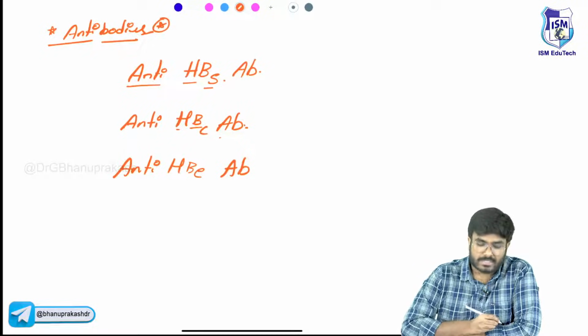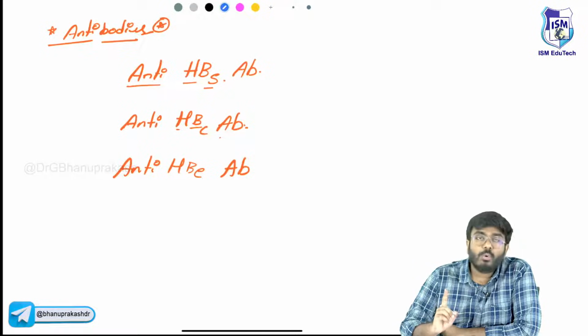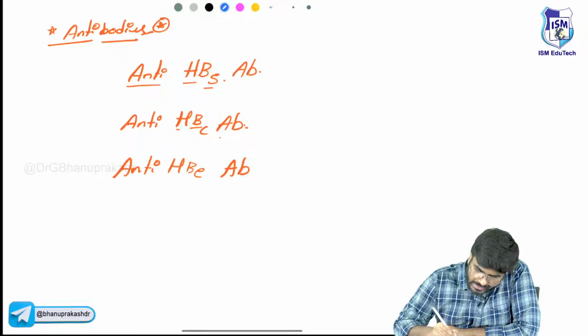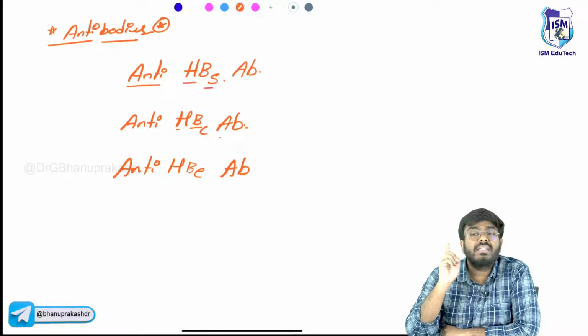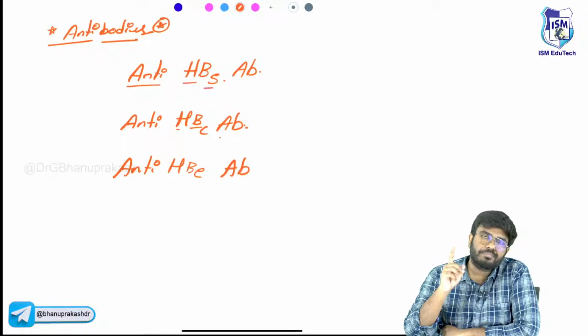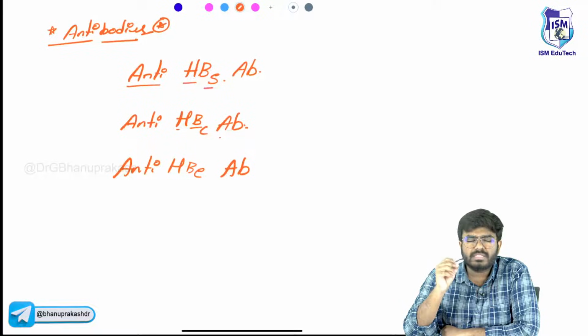Now, what are the important points? The first antigen to rise in the blood is hepatitis B surface antigen.